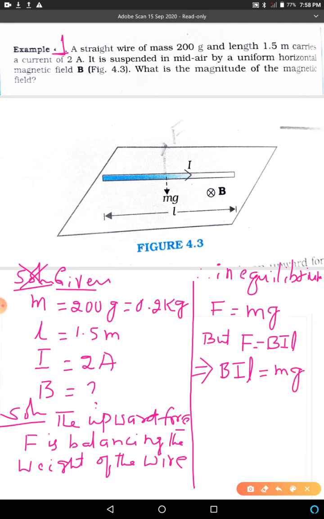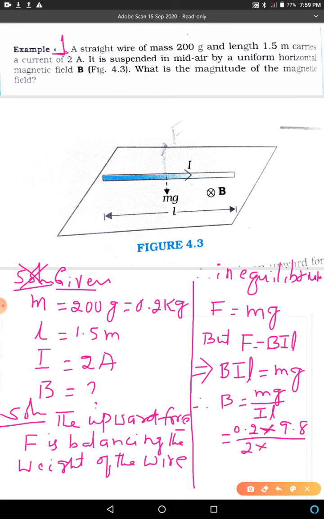We want to calculate B. Therefore B is equal to mg by IL. What is m? Mass of the wire, that is 0.2, into g, the acceleration due to gravity, 9.8, divided by I. The current flowing is 2 ampere.